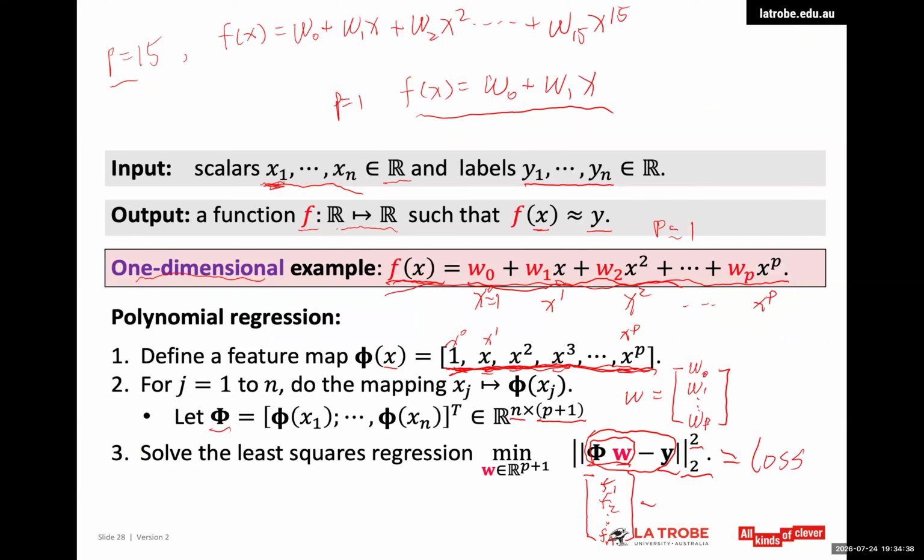Is that the next part? Yes, that would be the next part: how can we choose the appropriate value for P? Just a quick last follow-up. Can we use polynomial regression for multiple features as well, or would that not work?